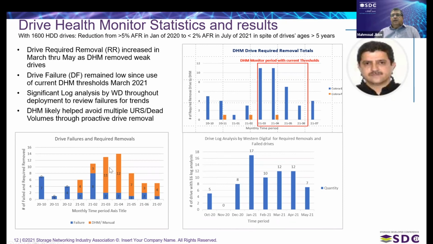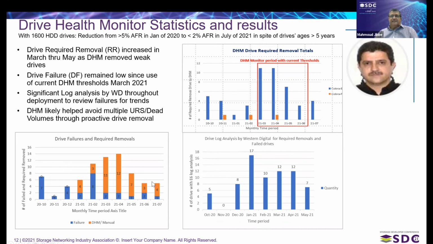It shows here that when the drive monitor is monitoring the system, we saw fewer drive failures on their own, and as we go on, the number of drives required to remove becomes smaller and the system becomes more stable. So the smaller these numbers, the better the system is.